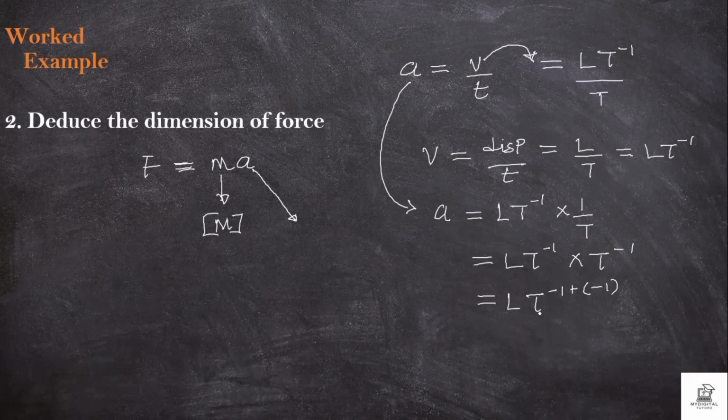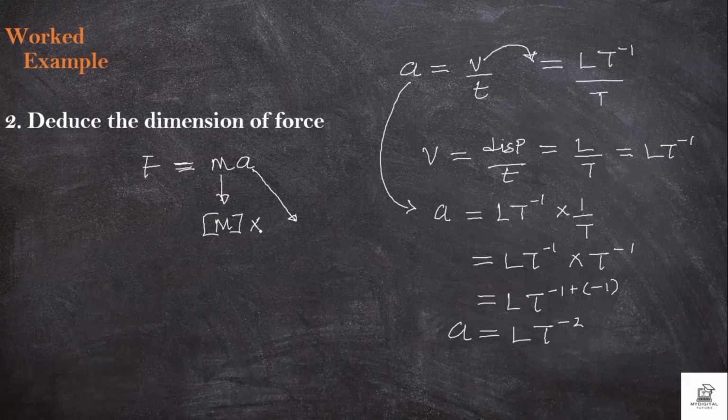By using law of indices, we have this to be LT raised to power minus 2. Is that taken? Minus 1, minus 1 gives us minus 2. Is that correct? So I have my A to be LT minus 2 as the dimension of acceleration.